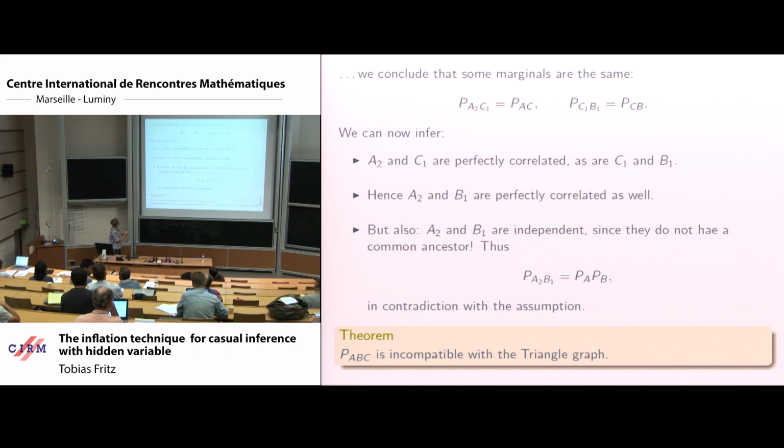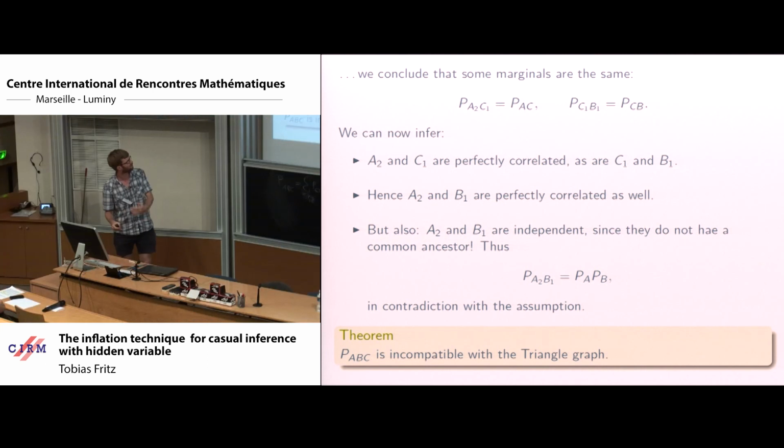We know the marginal distribution of AC, the one of BC, the one of AB, and it turns out that there's no joint distribution for these new A2, B1, C1 that would have these three marginals. Because here we know that A and C are perfectly correlated. When one of them is 0, the other one is 0. B and C are perfectly correlated. When one of them is 0, the other one is 0.